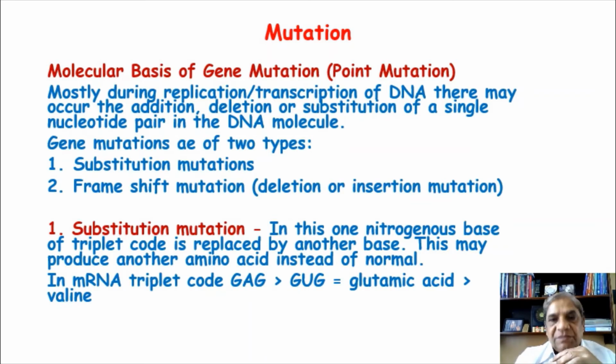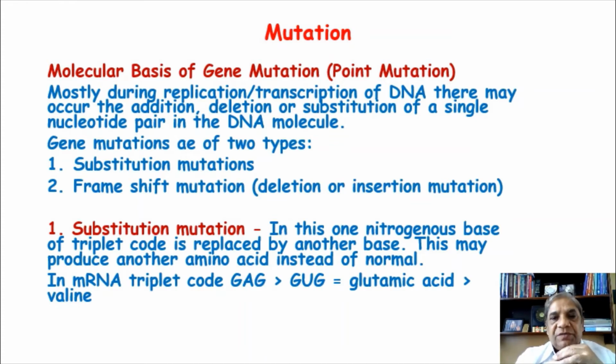Let us first come to the first type of gene mutation, called substitution mutation. In this, one nitrogenous base of the triplet code is replaced by another base. What is a triplet code?